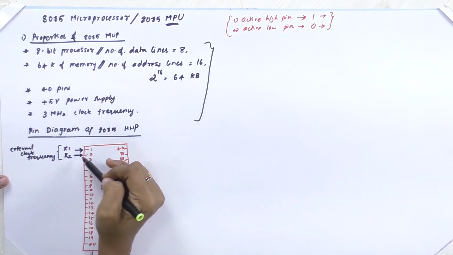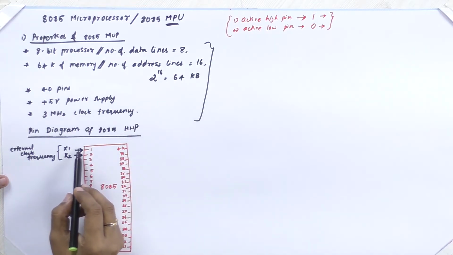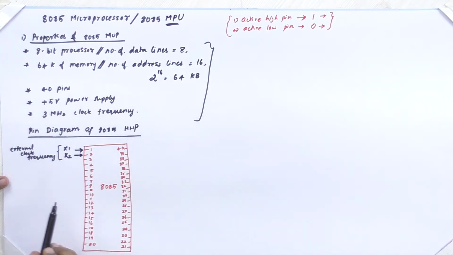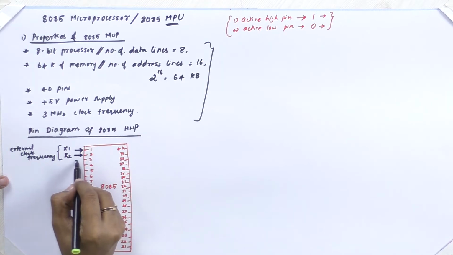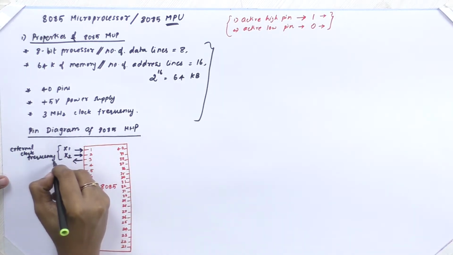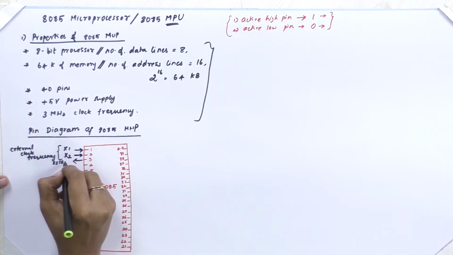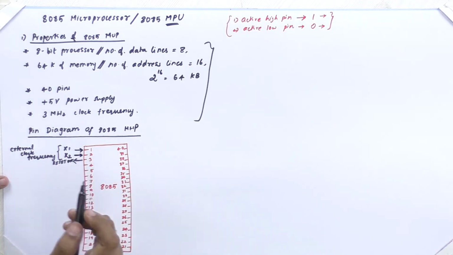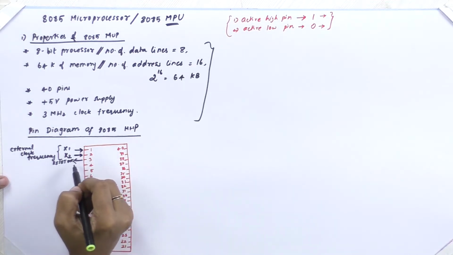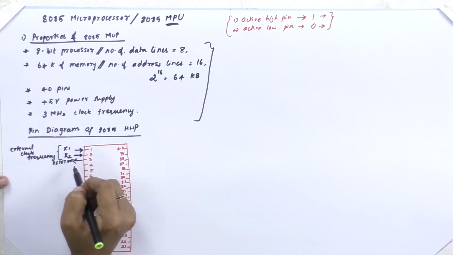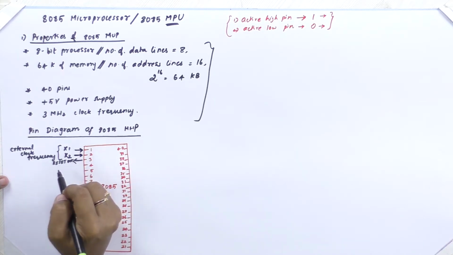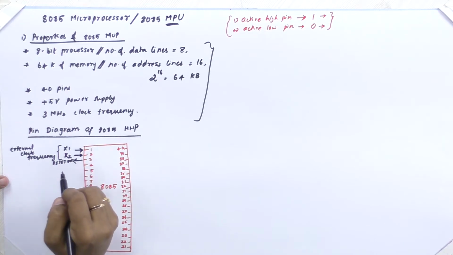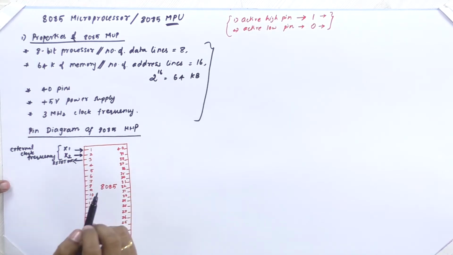They are the input pins, as indicated by the direction of the arrow mark. The next pin is the reset out pin. The third pin is reset out. Whenever this pin is active high, it resets all the connected peripheral devices of this microprocessor.